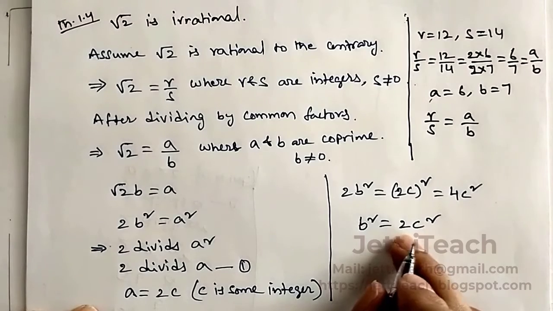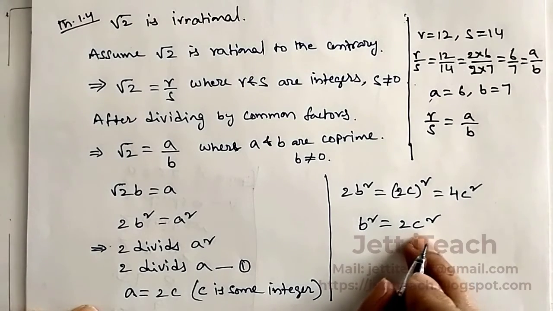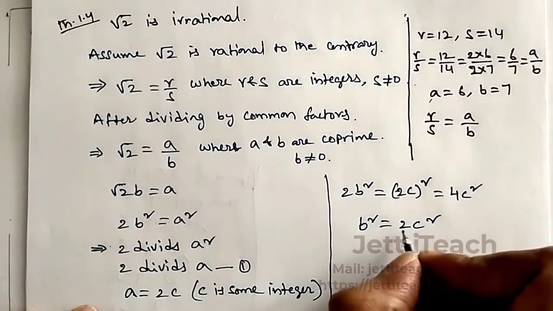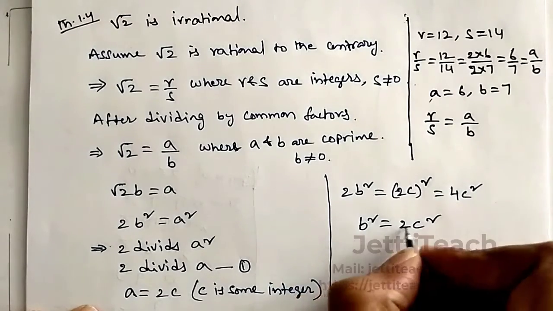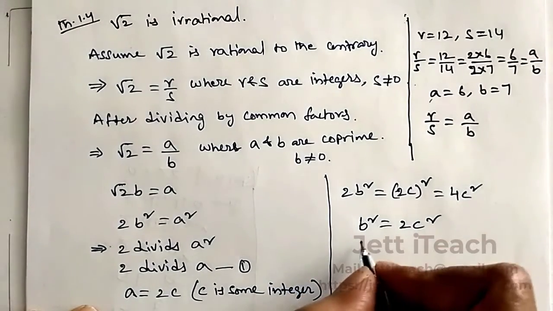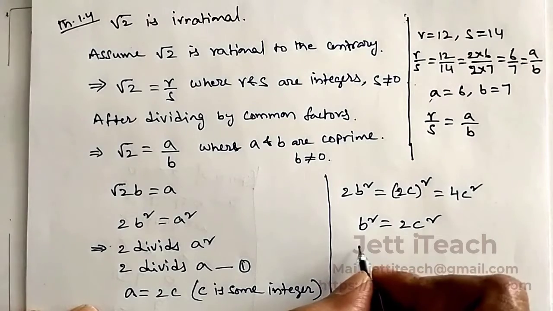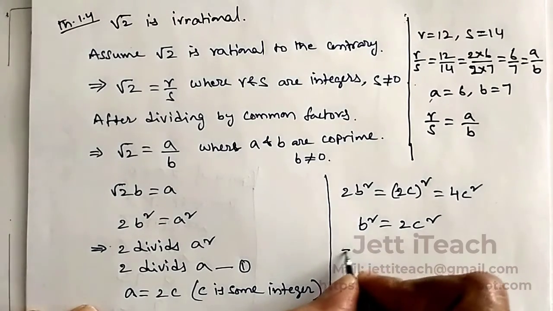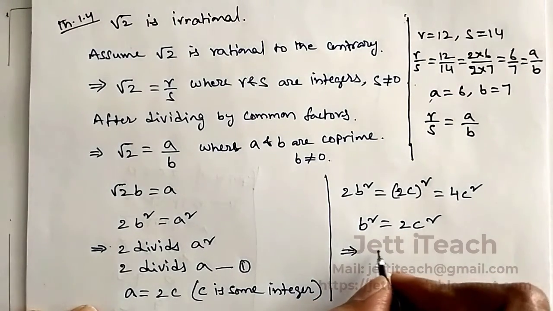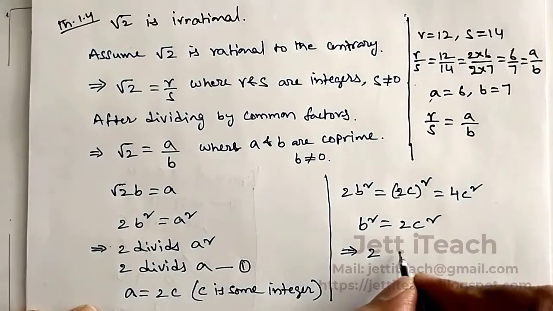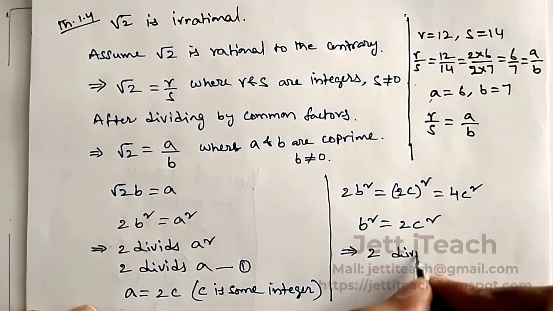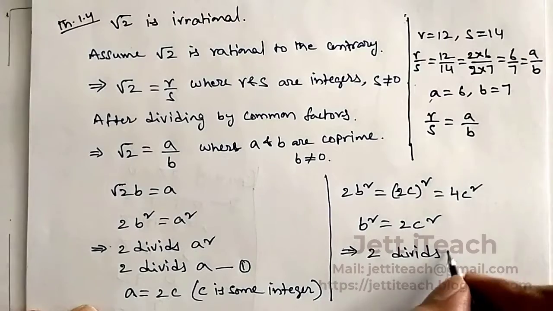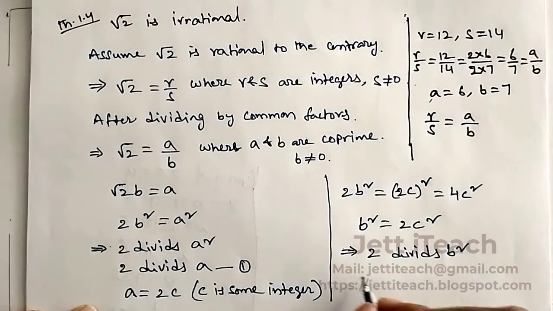2 divides b square. We got 2 here, right? It means that 2 divides b square. So 2 divides b.